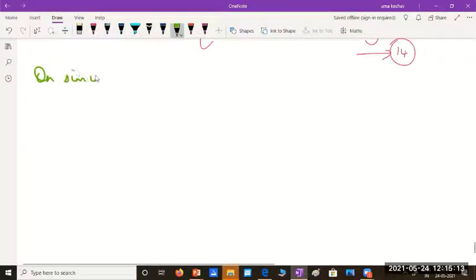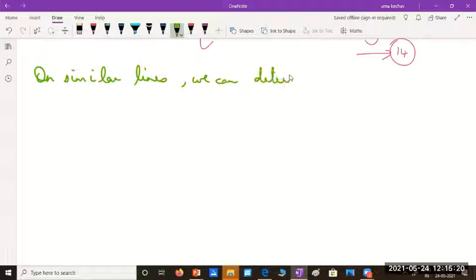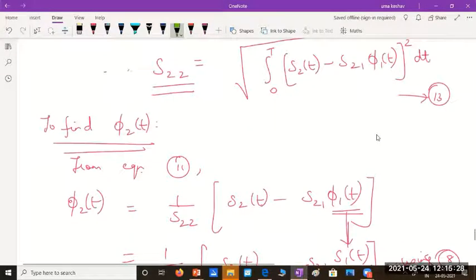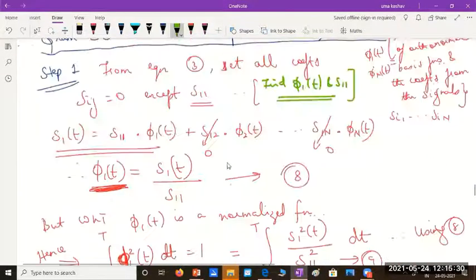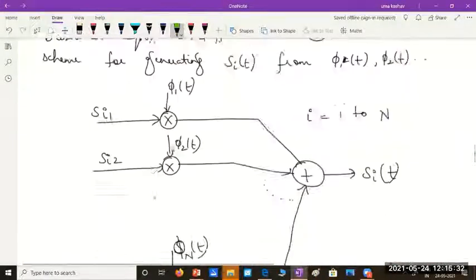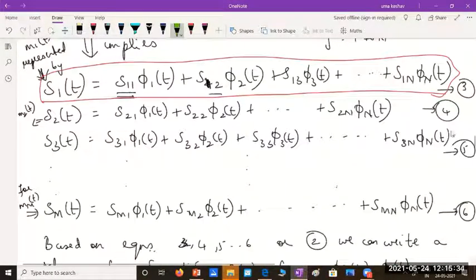On similar lines, we can determine from equation 5, the equation for S3, this equation.